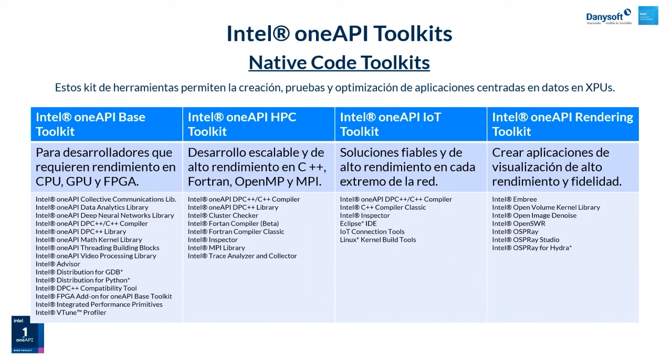The Internet of Things toolkit is a toolkit where you can find the C++ and DPC++ compiler and other tools and libraries targeting developing applications or projects for edge computing, Internet of Things, with everything about connection at the edge of each point of the net.